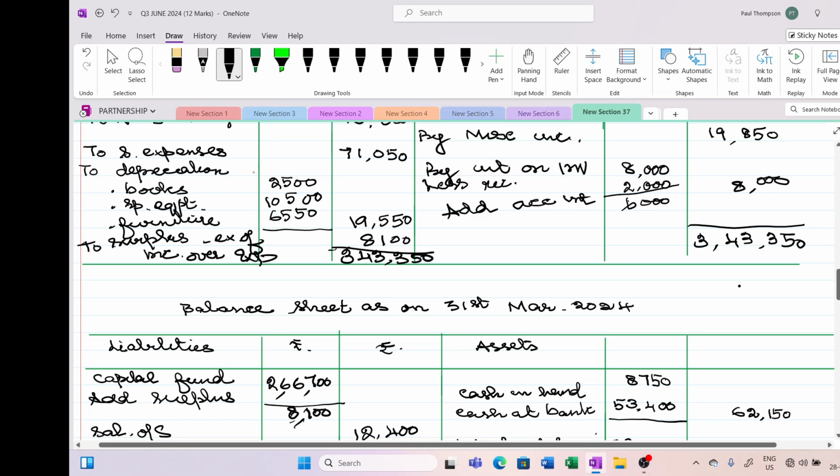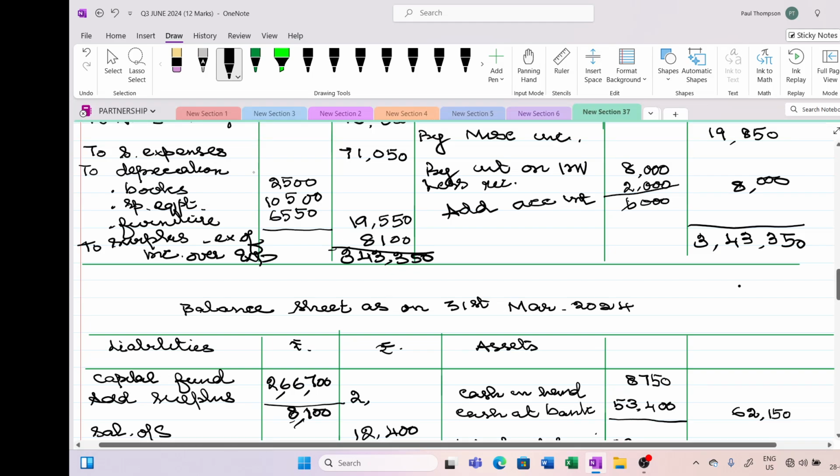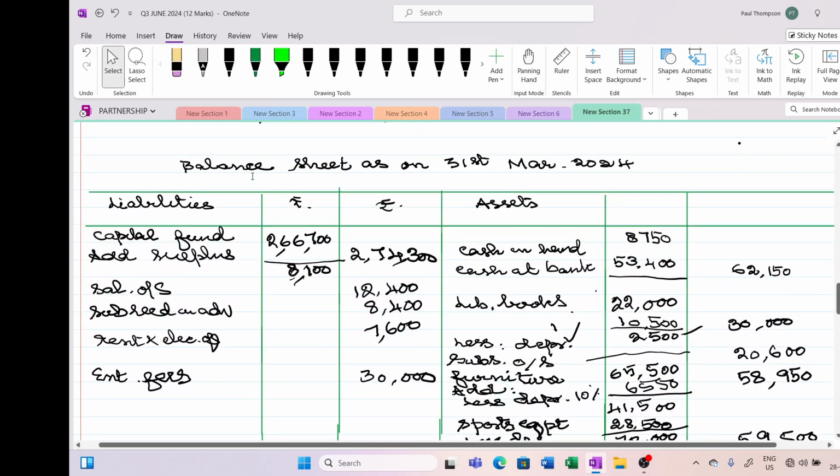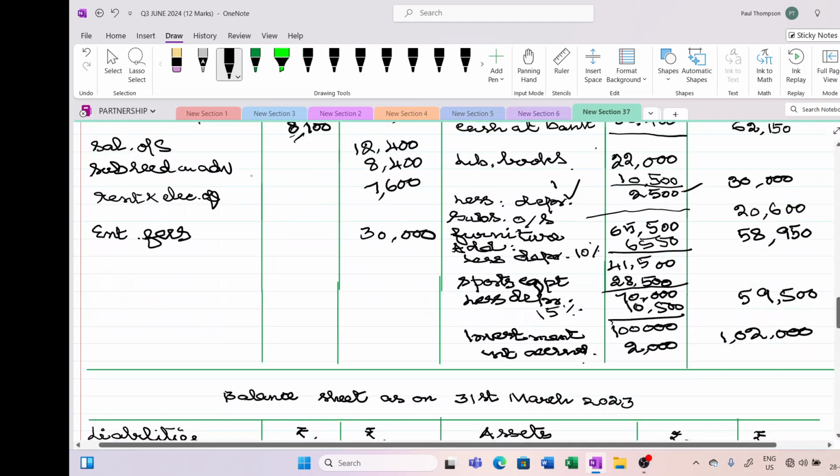Okay, so the total comes to 2,74,300. Then we are adding 12,400, 8,400, 7,600 and 30,000. The total comes to 3,33,200.